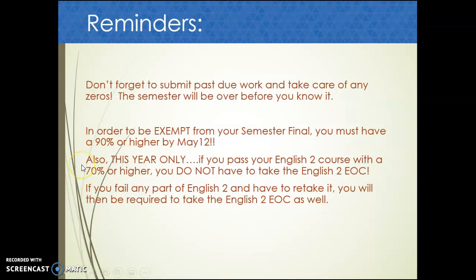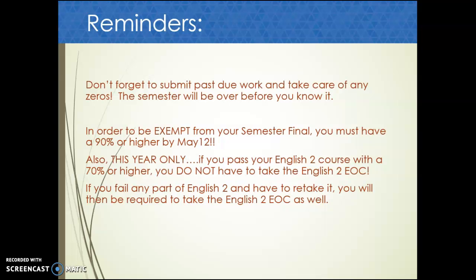Possibly more importantly, if you have below a 70 in the course right now, you really want to pay some attention and get your grade up, get those past due assignments turned in, get the zeros taken care of, because this year only, because of the coronavirus outbreak and having to cancel testing, if you pass your English 2 course, this course that you're in right now, with a 70 or higher, you do not have to take the English 2 EOC, ever.